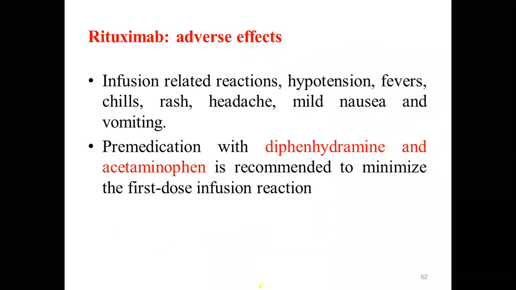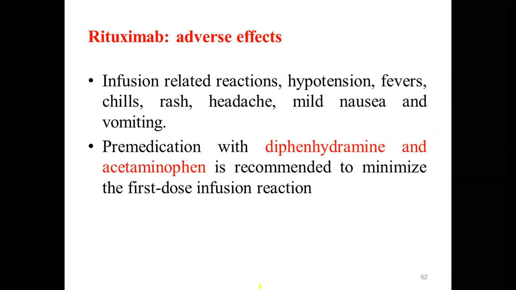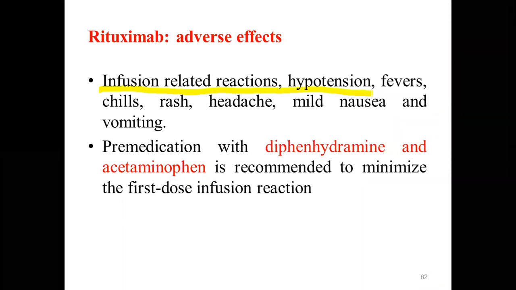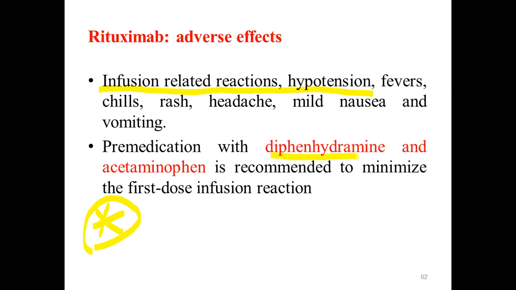Then, what is very common with rituximab as an adverse effect is infusion-related reaction, which ranges from hypotension, fever, rash, headache, mild nausea, and vomiting. Because of this reason, the guideline recommends that when a patient is taking a rituximab-based regimen, you have to ensure to include an antihistamine as the pre-medication as well as acetaminophen to minimize first dose infusion reaction.